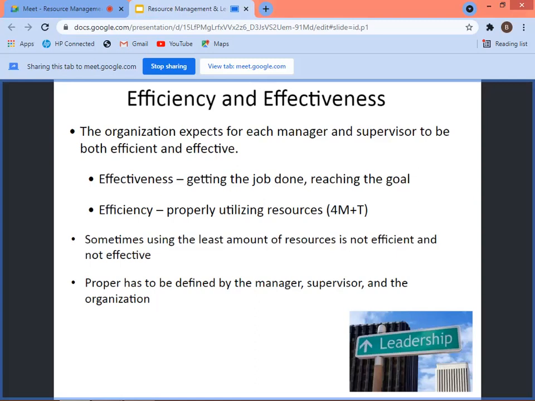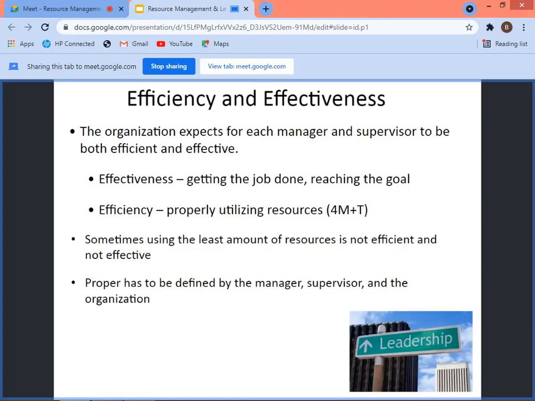Not only in terms of human efficiency, but also machine efficiency. There is what you call OEE, one of the metrics, or rather KPI, key performance indicators, that you have to monitor in order to increase OEE, overall equipment effectiveness.